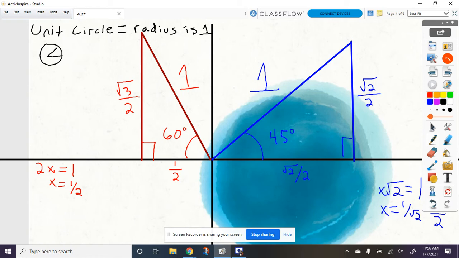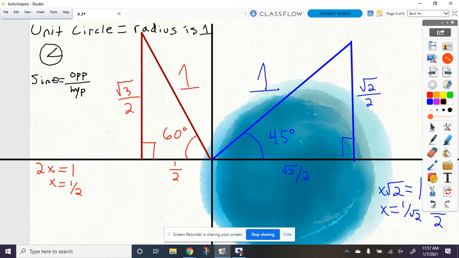So remind me, we said that our sine of any angle is going to be what? Opposite over hypotenuse. But what did we say is the nice thing about our unit circle? Hypotenuse is always 1.